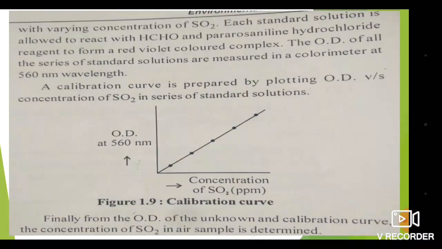Each standard solution is allowed to react with formaldehyde and para-rosaniline hydrochloride reagent to form a red-violet colored complex.